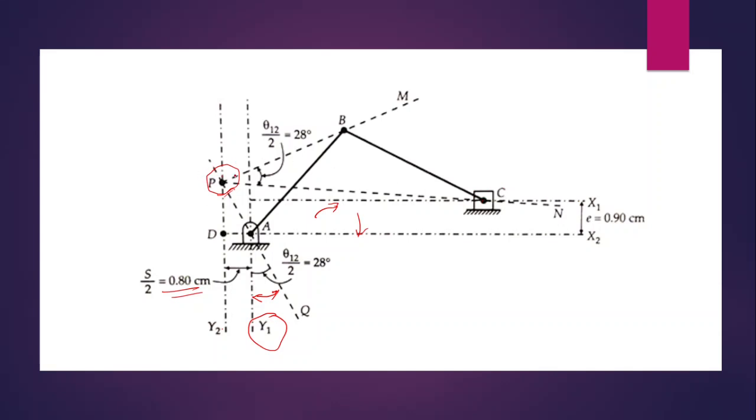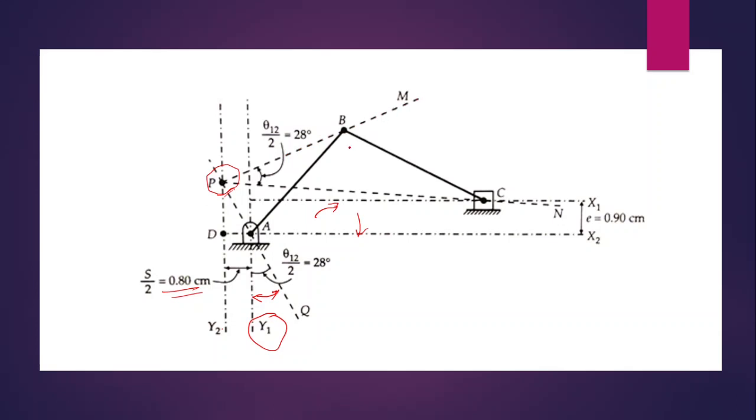Then in the next step, draw a line PM which is inclined theta 12 by 2 degree with PN. Then complete this line PM.